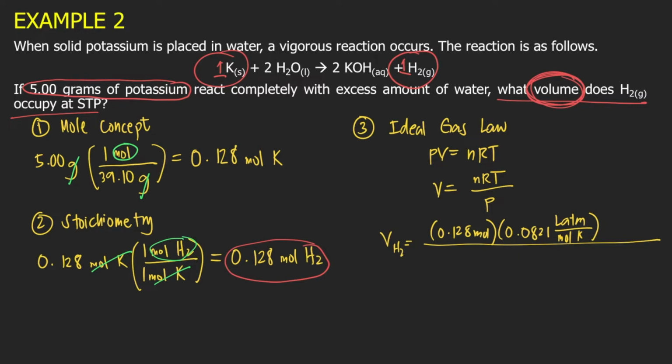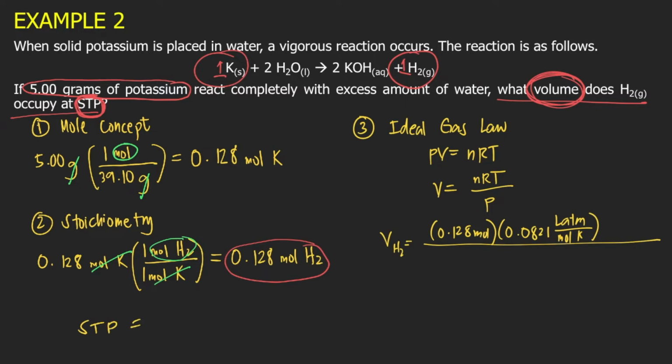T is the temperature. When you read the problem, it does not explicitly give you the temperature, but at the very last part of the question, it says STP. And what does STP mean? If you can recall, STP means standard temperature and pressure.